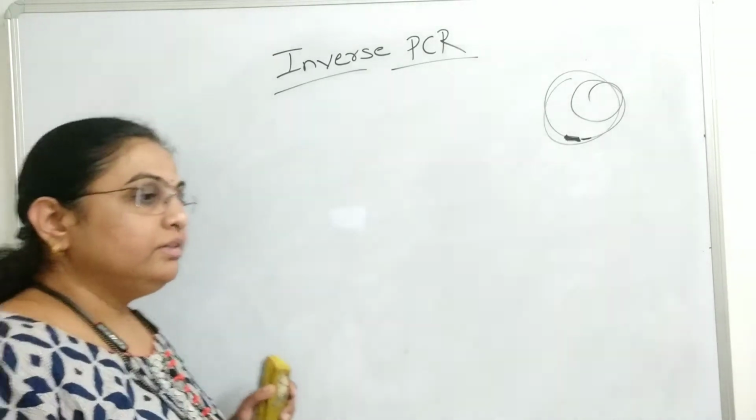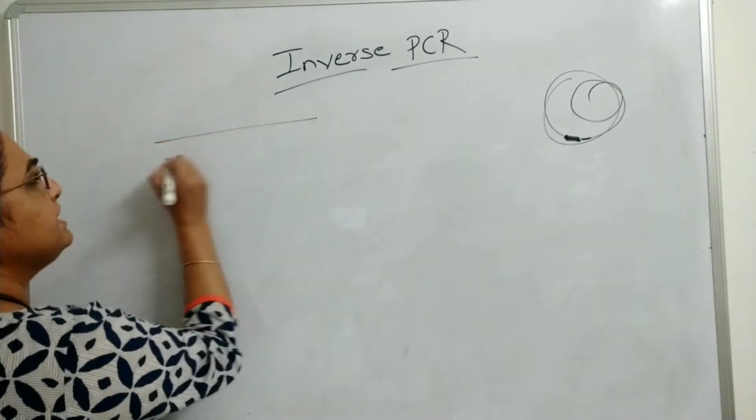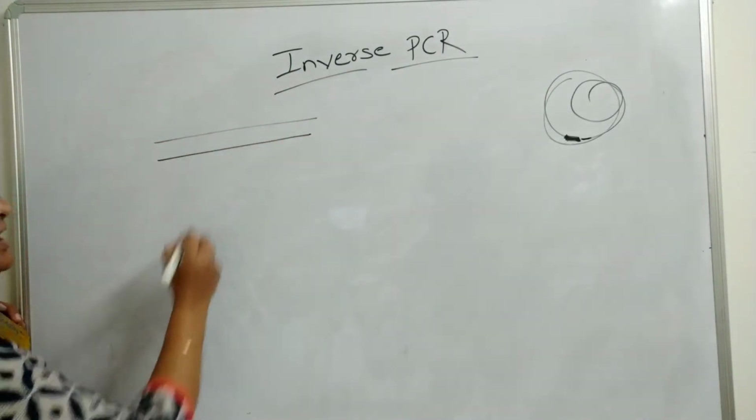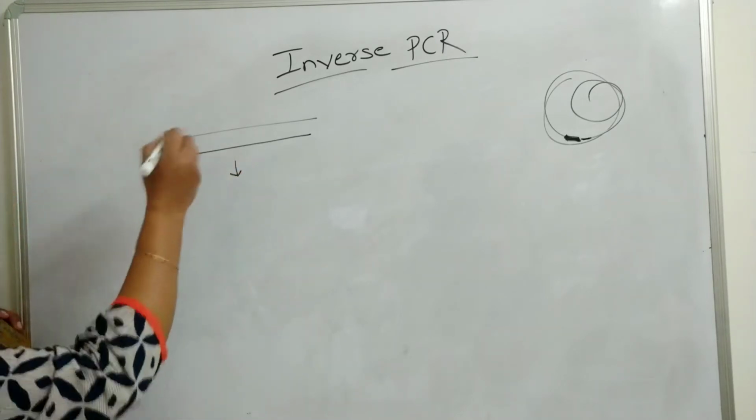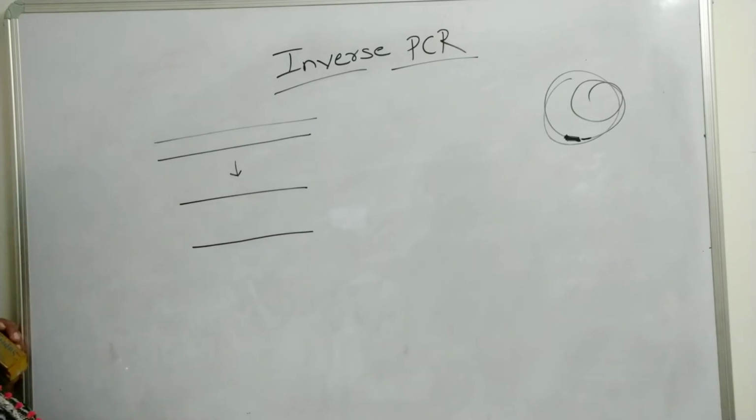Now when we learned the principle of the PCR, what we learned is that this is a double stranded DNA, the template DNA. Then this template DNA in the denaturation step gets denatured, forming single stranded DNA.